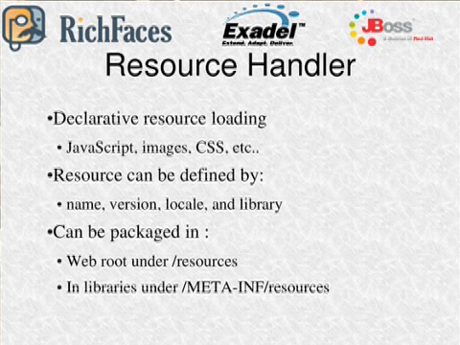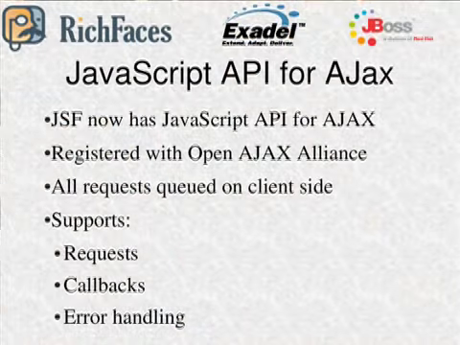So now developers can integrate all necessary stuff into the application with versioning and localization support. Libraries can be provided in the web application or even packaged in Java archives into a library. Therefore, they can provide a single library that contains components, styles, a JavaScript library, and a JavaScript API for Ajax.